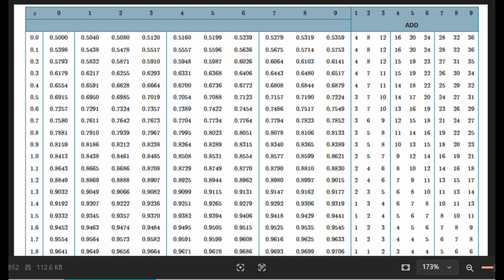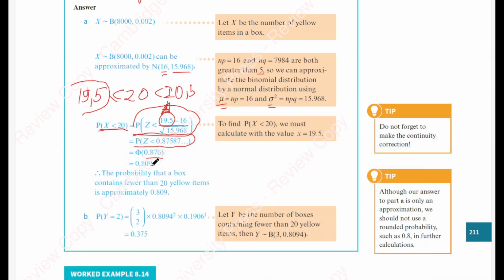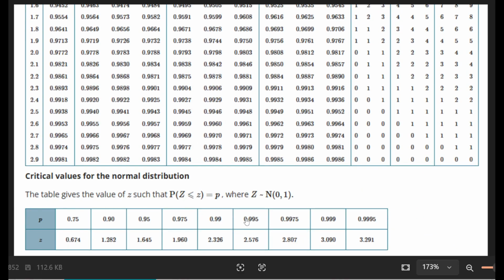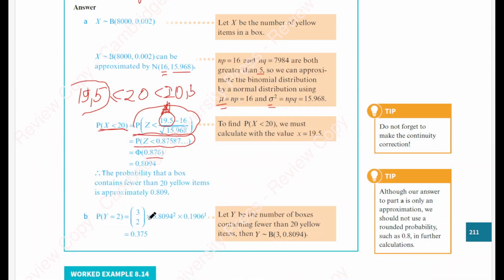I think something will be very close to that, and you will find that. You can double check. And please remember, if you use this table, you can also see the critical values. If you have some of these critical values, you have to find this thing. So this is done.